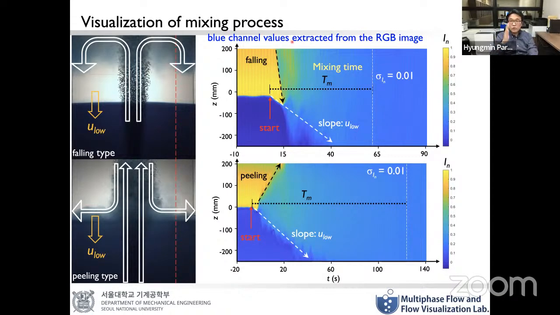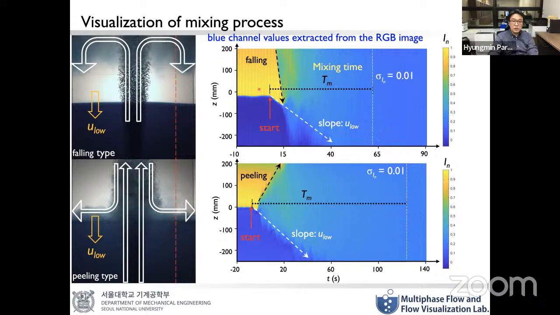Then using the time trace of that, we can determine the level of mixing. For example, at this specific horizontal lateral position highlighted with this red dashed line, we measure the intensity of the blue channel as time goes on like this.